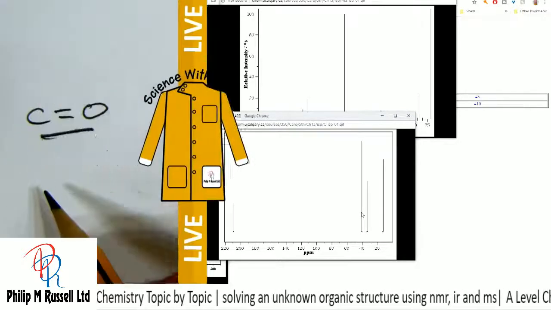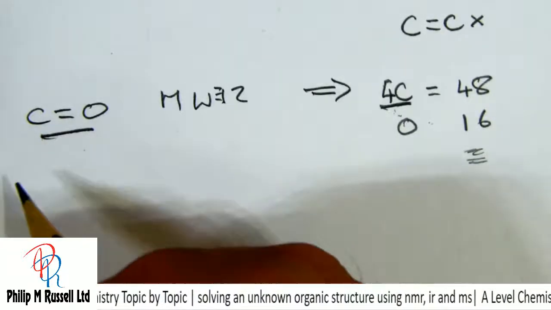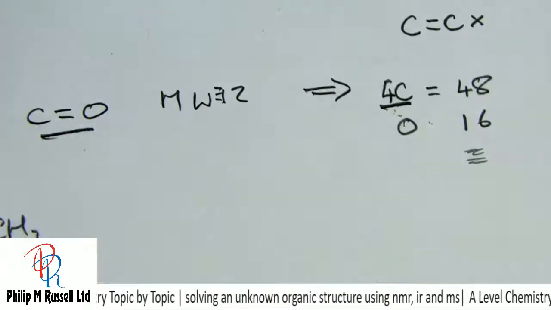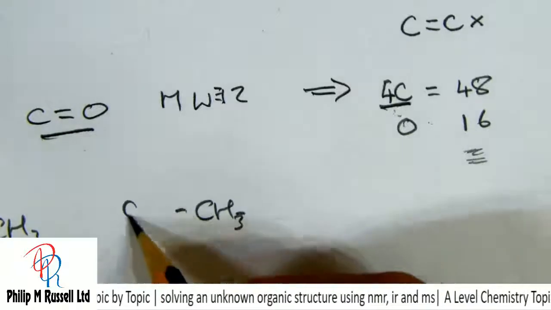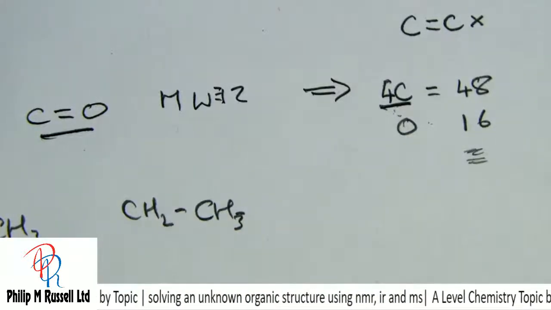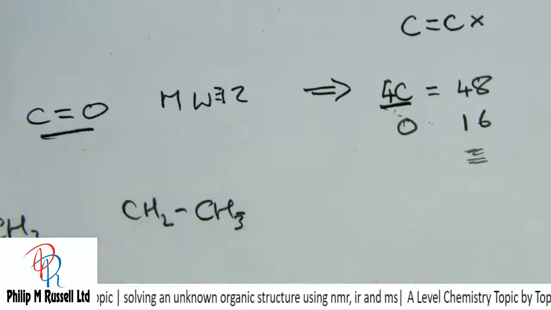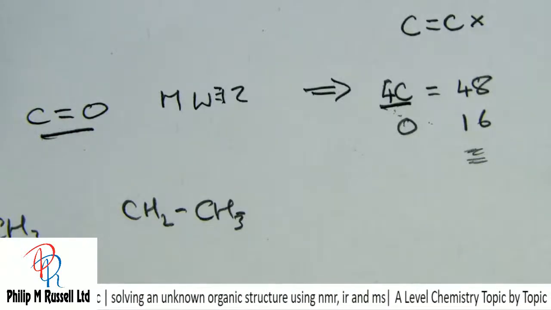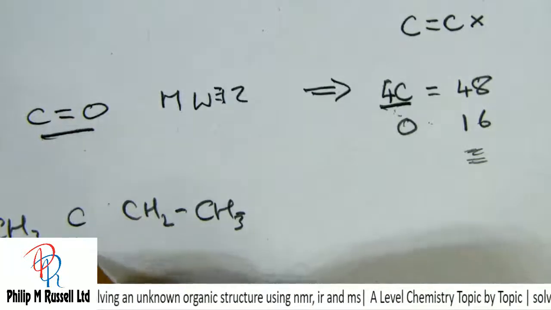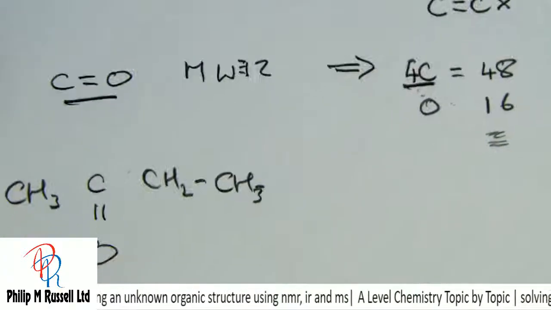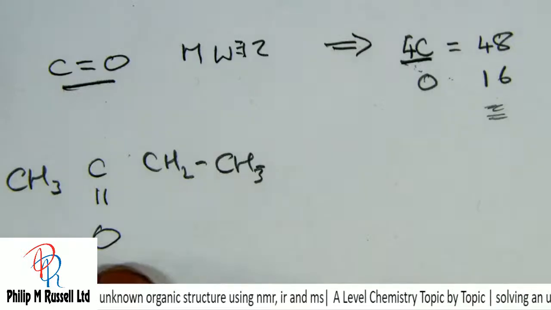So the hydrogen NMR is giving me an idea that we've got a CH3 by itself. I've got another CH3 which is attached to a CH2, and that CH2 is coupled to a CH3, so those two are next to each other. And then if we've got a carbonyl here as well, I'm reckoning on a carbonyl coming in something like this.